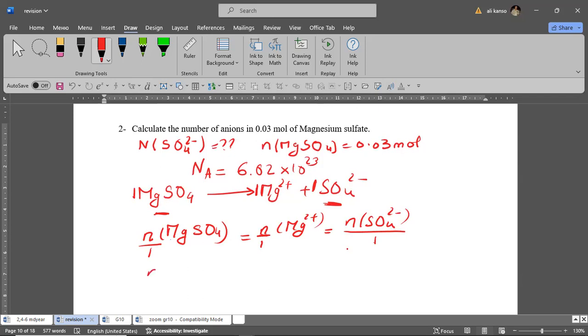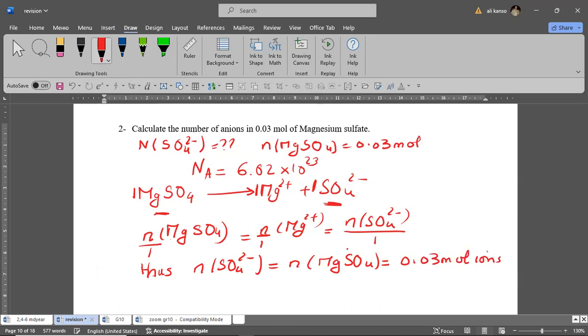Thus the number of moles of SO4 2 minus is the same, because the coefficients are equal to 1: 0.03 mole of ions.